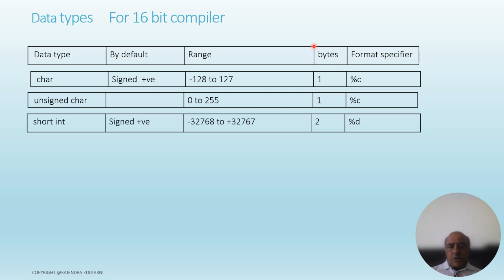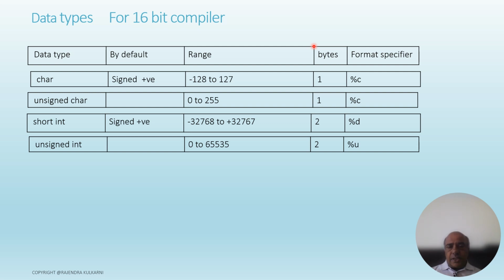Then there is short int. When no sign is mentioned, it is taken as positive. Its range is -32768 to +32767. It has 2 bytes allotted to it, and its format specifier is %d.